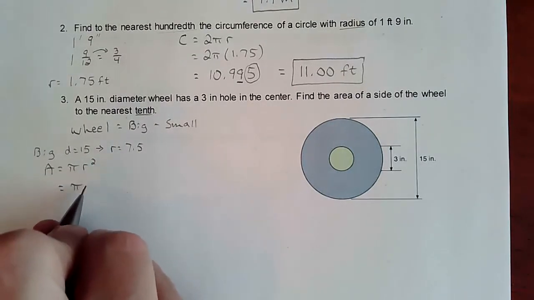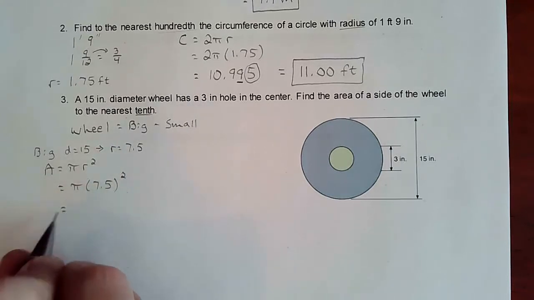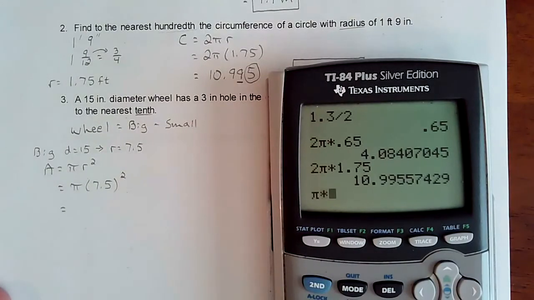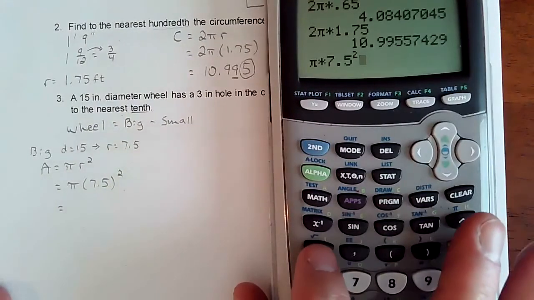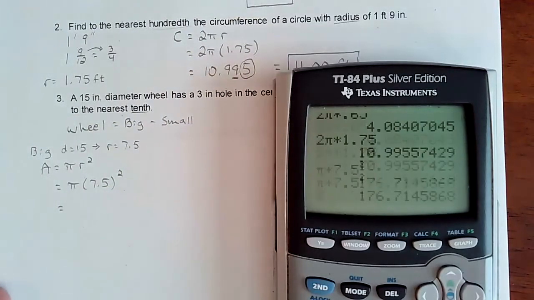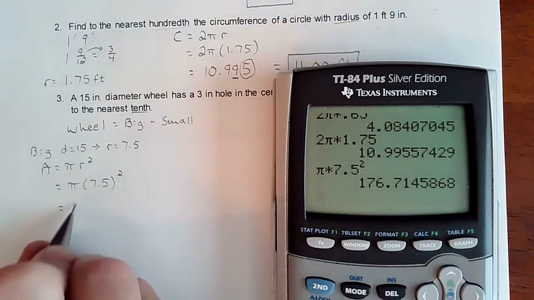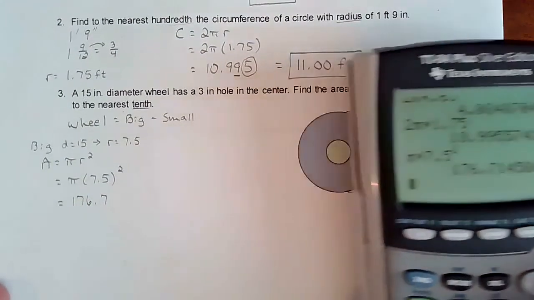We'll do pi times 7.5 squared, and we'll get a value out of that. So pi times 7.5 squared, and don't forget you have a squared button right there. So that's going to get us 176.7. Okay, so that's how much area the whole thing is.